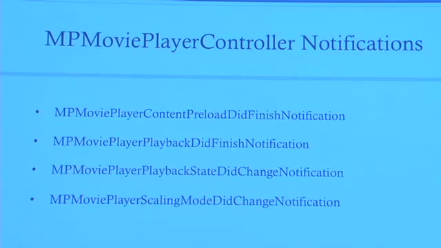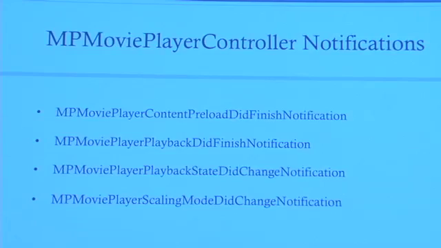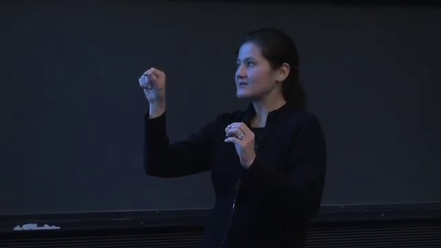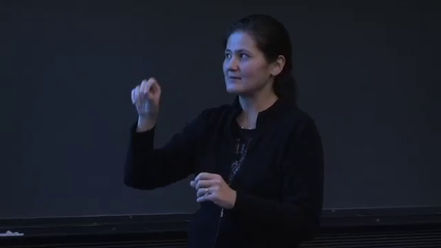And then the PlaybackStateDidChange notification lets you know when the user pressed pause or dragged the forward button, forwards or backwards. And then the MPMoviePlayerScalingModeDidChange notification will let you know when, say you had a movie that wasn't taking up the full screen, it always gives you that option to fill up the whole screen by clicking on the expand button, and then this will trigger that notification if you do that.